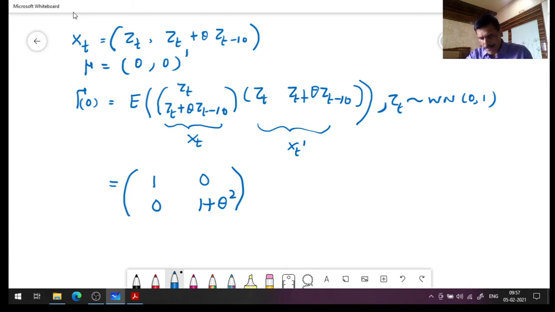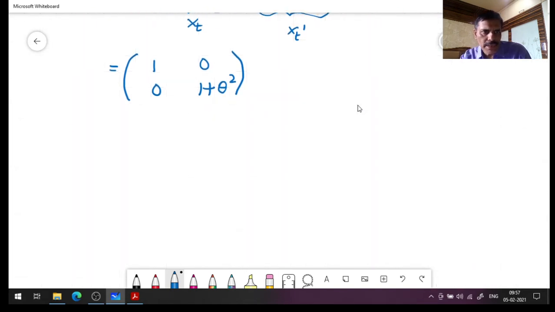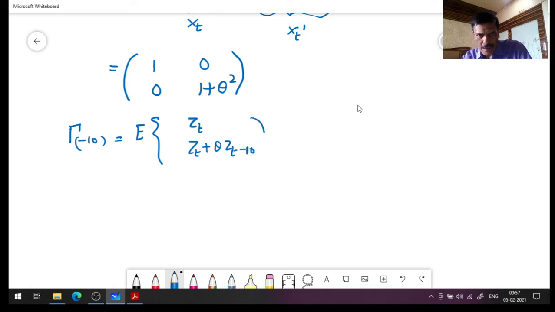Now let's compute gamma of minus 10. What is gamma of minus 10? It is the expected value of zt, and this will be zt minus 10 and zt minus 10 plus theta zt minus 20.